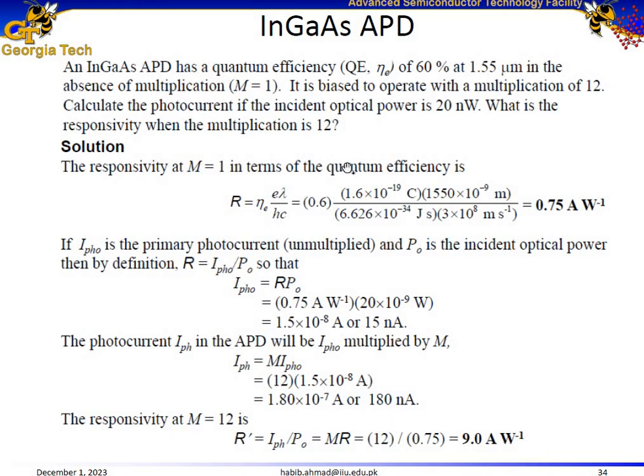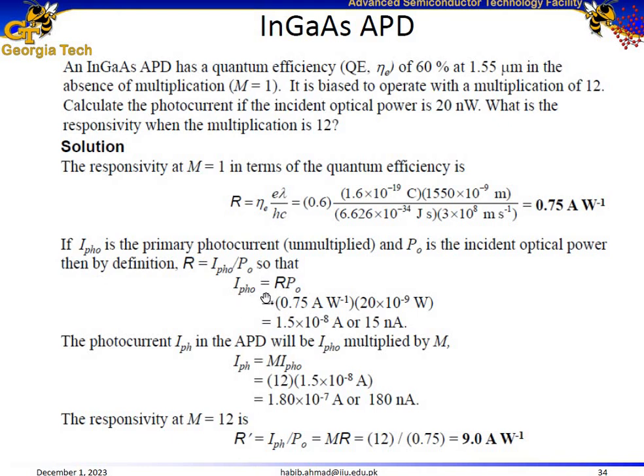So in this example, we have to calculate the primary photocurrent, the unmultiplied photocurrent's responsivity. We have to calculate the multiplied photocurrent, and we have to calculate the multiplied photocurrent's responsivity.